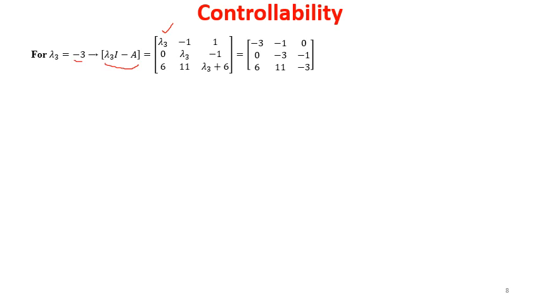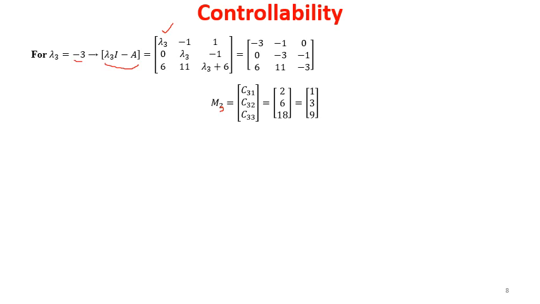So after substituting lambda 3 equal to minus 3, we get minus 3 minus 1 and 0, 0, minus 3 and minus 1, 6, 11 and minus 3. Next we need to find out M3, that is for C31, C32 and C33.